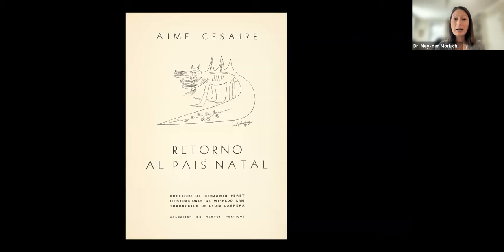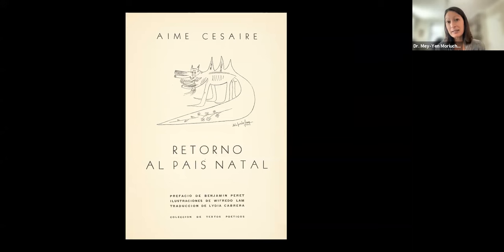On their way out of Marseille, the ship stops in Martinique, and it is there that Lam meets Aimé Césaire for the first time and is exposed to the ideas around the negritude movement and the kind of advocacy for a Black consciousness and reaffirmation of Black culture and heritage and identity in poetry and in art.